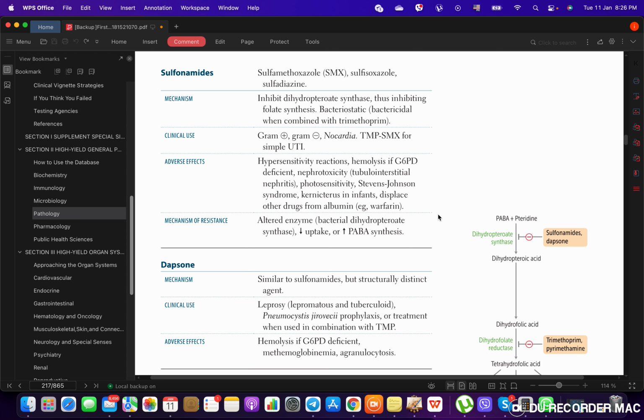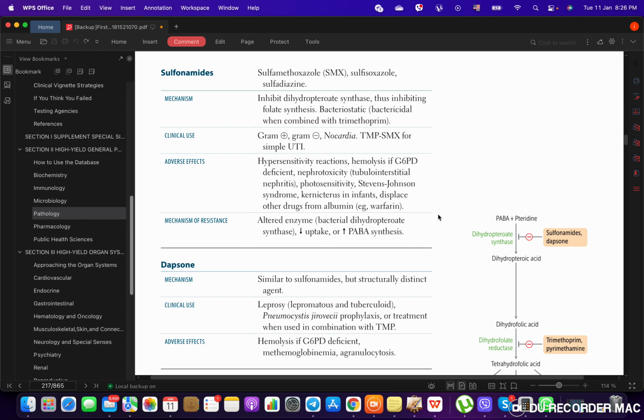Does anybody remember which cell is seen in the urine in tubulointerstitial nephritis? Yes, it's possible to see a cast, but the cast will be made out of what? Eosinophils, absolutely, yes. Photosensitivity of the patient as well, Stevens-Johnson syndrome, kernicterus in infants, absolutely.